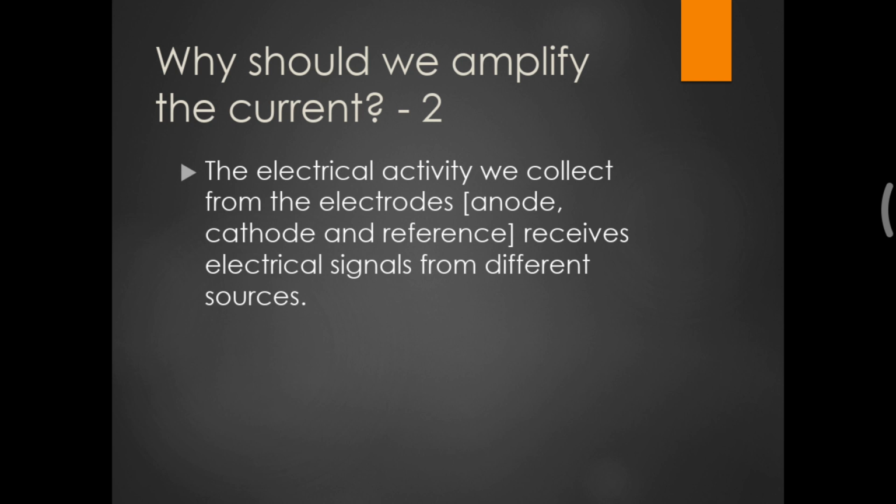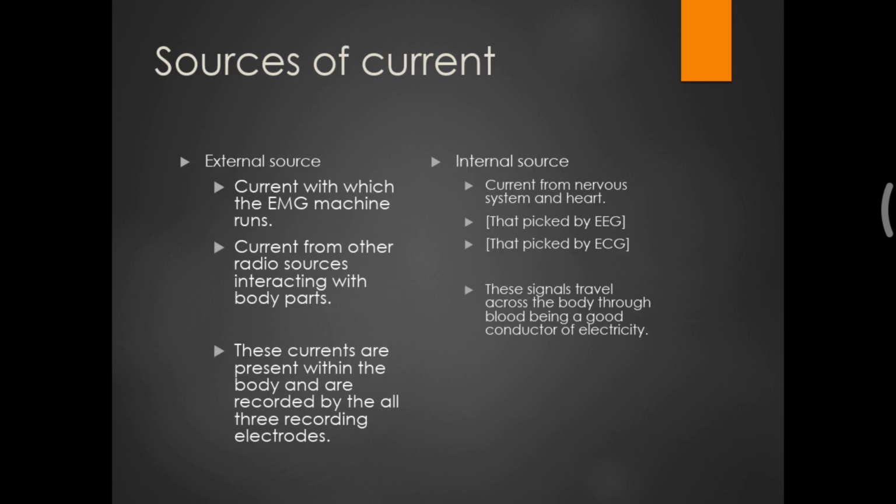So the sources of current could be an external source or an internal source. What is the external source? The current with which the EMG machine runs is a source of electrical activity. This current will also be passing through the electrical wires, and some amount of current will be traversing the body, skin and underlying structures.